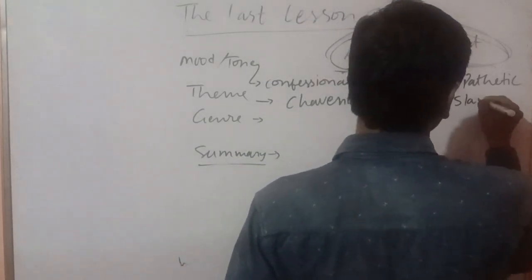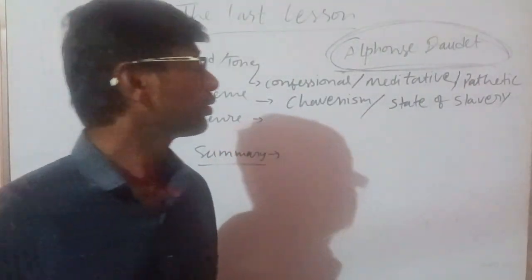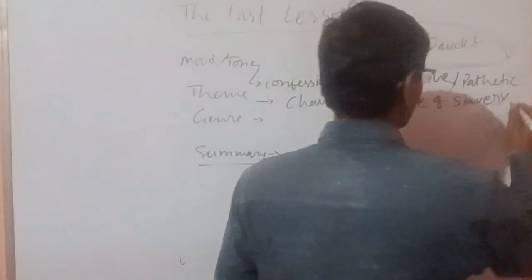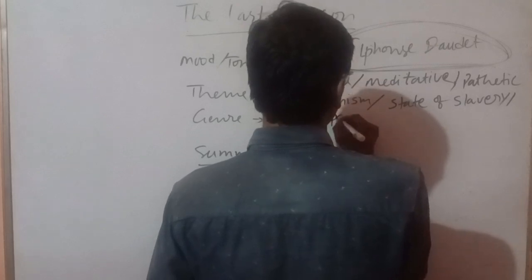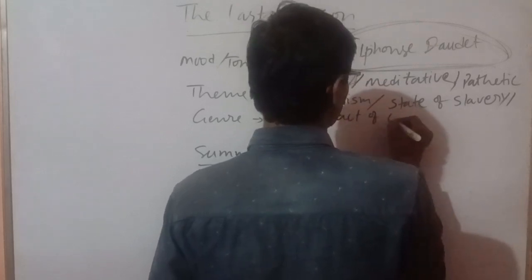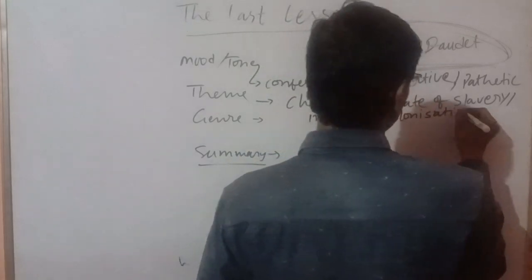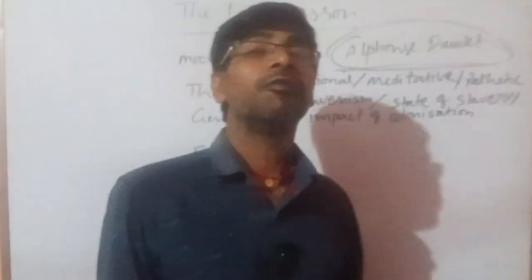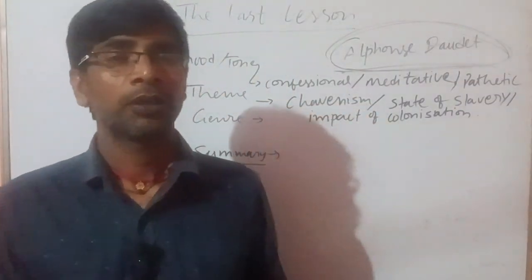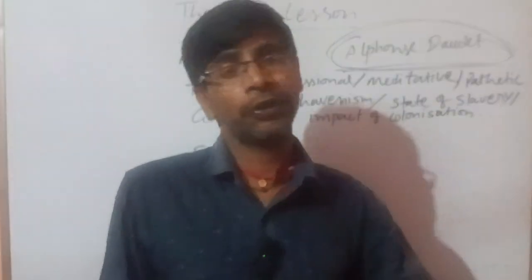The state of slavery is another thing. So once people become slaves to others, how do they feel? Okay, the state of slavery. Then we have the impact of colonization. So once a particular country colonizes another, like Britishers colonized India, under the colony, under the rule, how did India suffer?